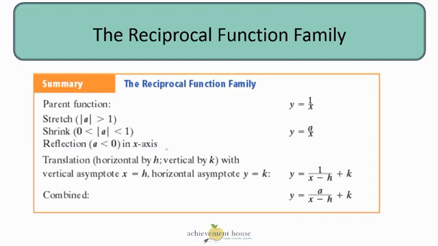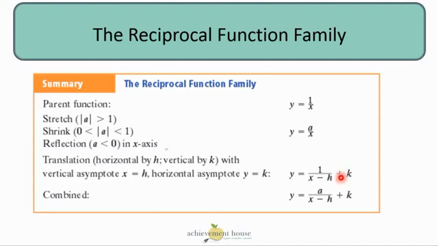Something new, however, because of the denominator, and the denominator cannot equal 0, something new to reciprocal functions is that there will be a vertical asymptote where x equals h, and a horizontal asymptote where y equals k, because the fraction part of the graph cannot equal 0, and therefore y can never equal just k.